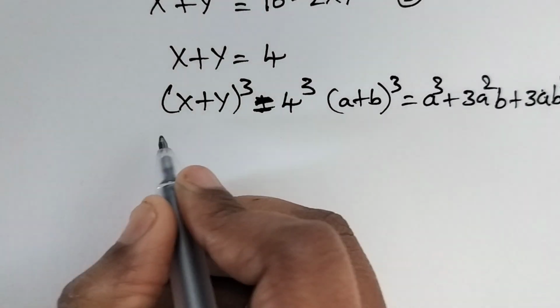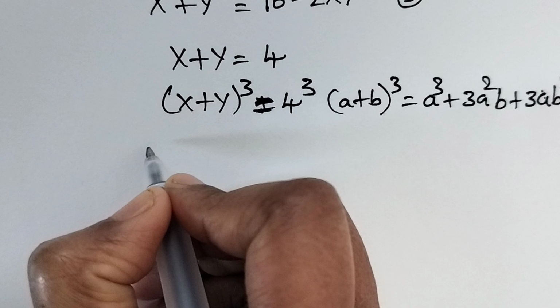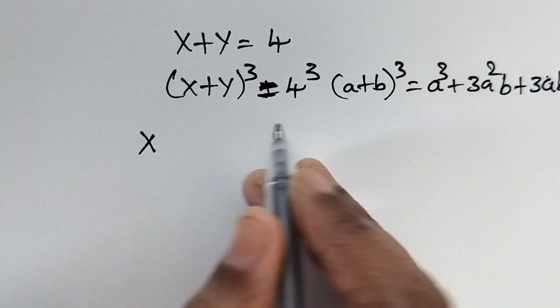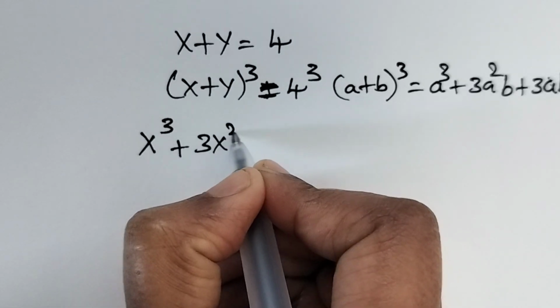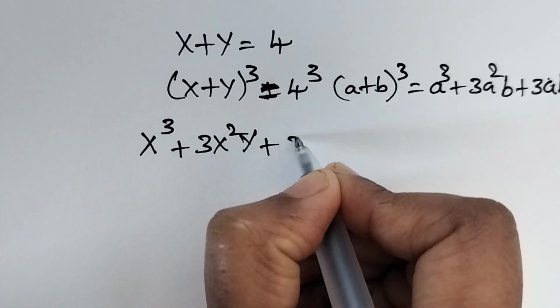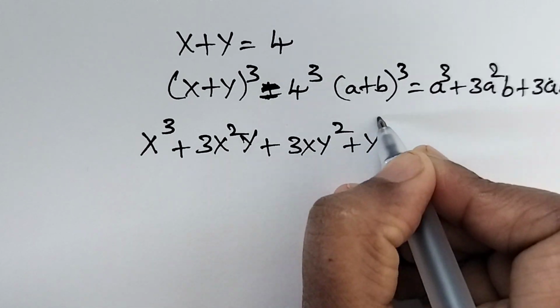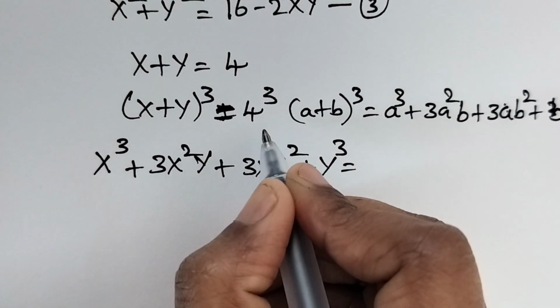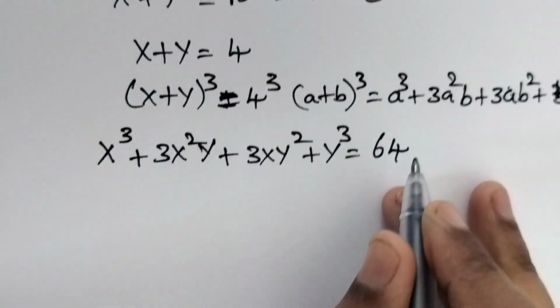So use this formula. Here we can write x cube plus 3x square y plus 3xy square plus y cube is equal to 4 cube, which is equal to 64.